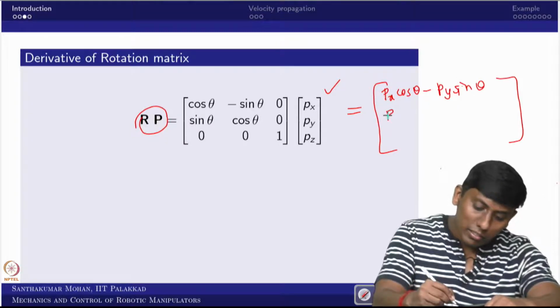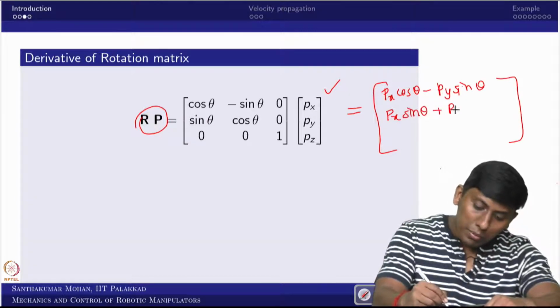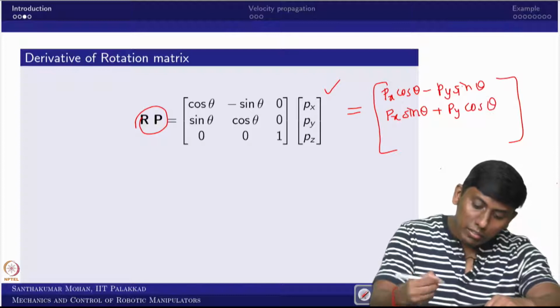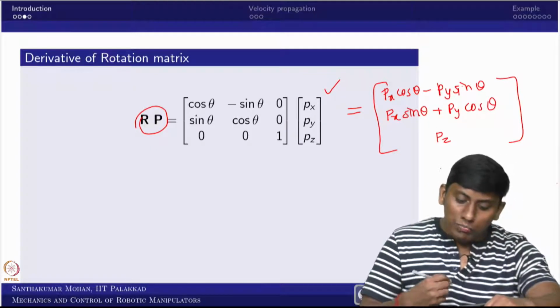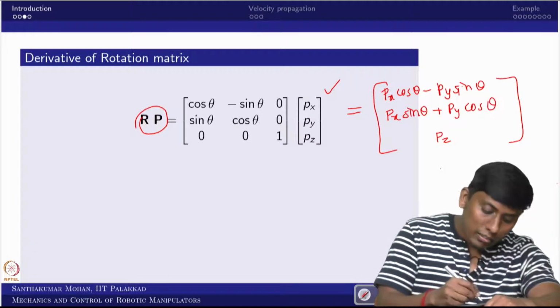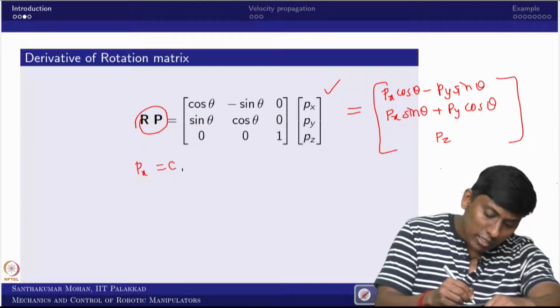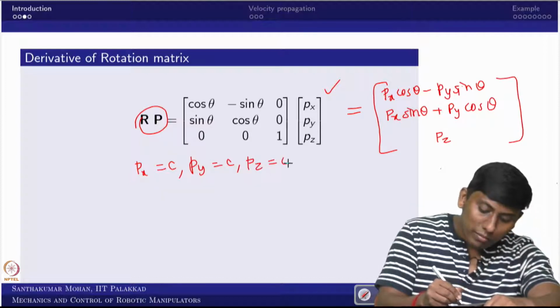The second component is Px sin theta plus Py cos theta, and the third one is simply Pz, right? Now you are assuming that Px equals constant, Py equals constant, and Pz equals constant, okay.